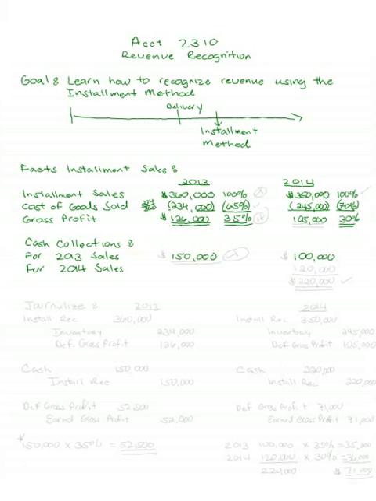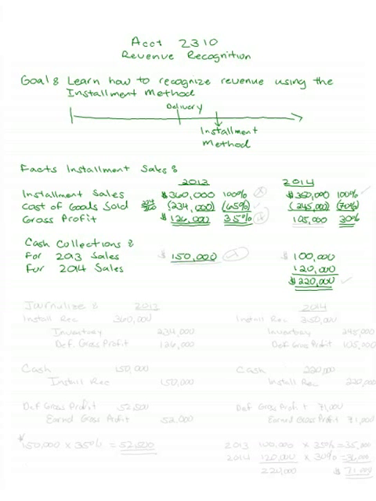Notice it's on my 2013 line. And I'm going to collect $120,000 on the sales I had for 2014. So during the year 2014, my total cash collections will be $220,000. Some for 13 and some for 14.